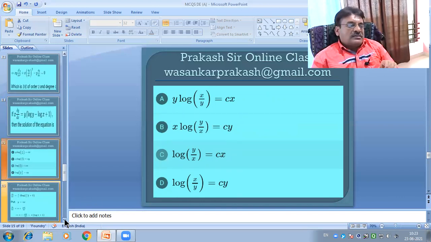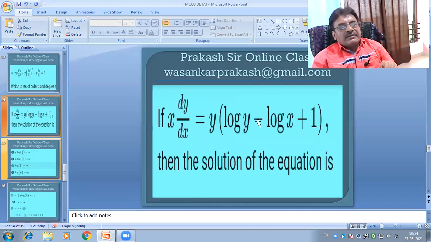So in this multiple choice question, we solve the differential equation, and one differential equation is given. So x into dy/dx equals y in bracket log y minus log x plus 1.